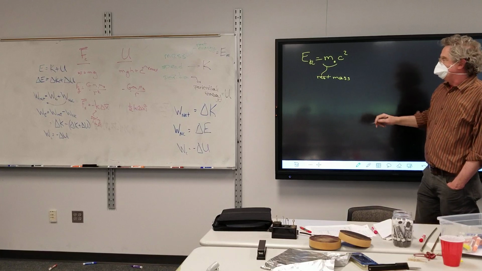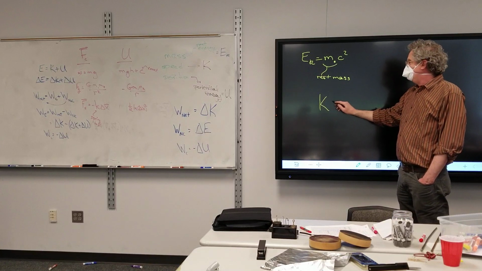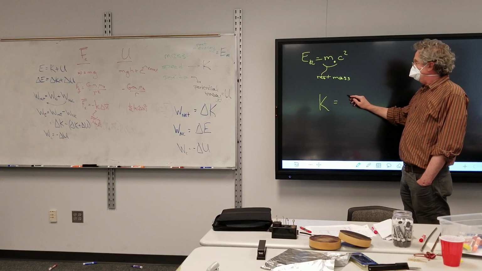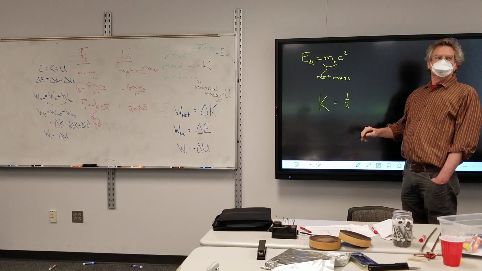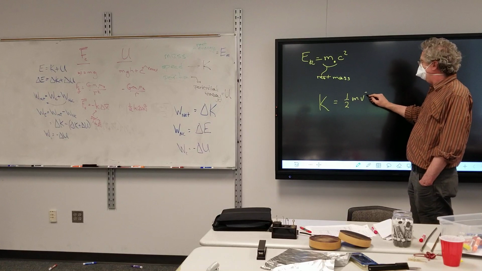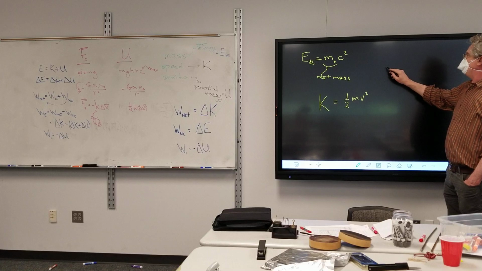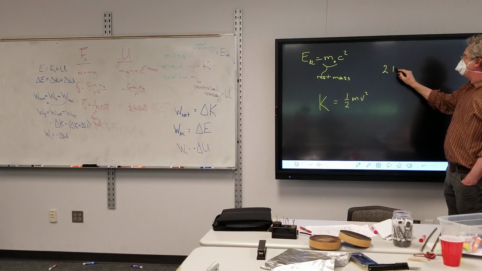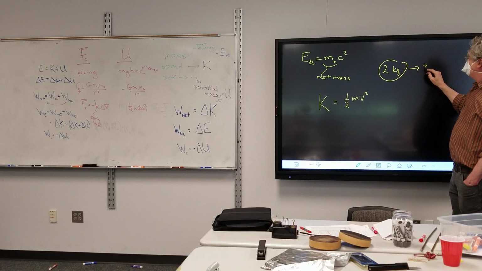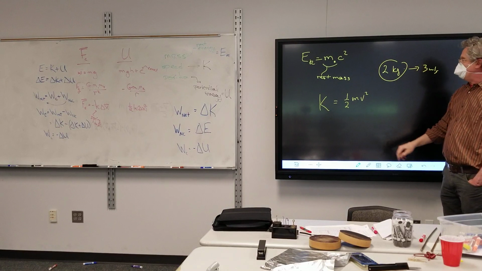The other thing is units. Oh, come on, we can do it. What's the formula for kinetic energy? 1/2 mv squared. Not quite as zing as before, but that was nice. If I have a 2 kilogram object cruising along at 3 meters per second, what is the kinetic energy?